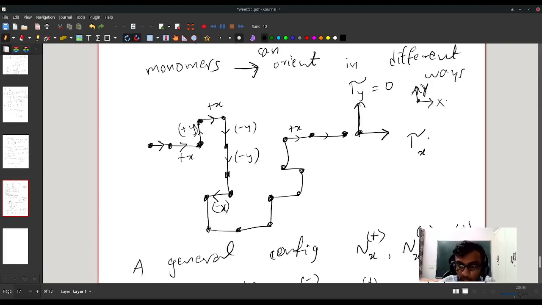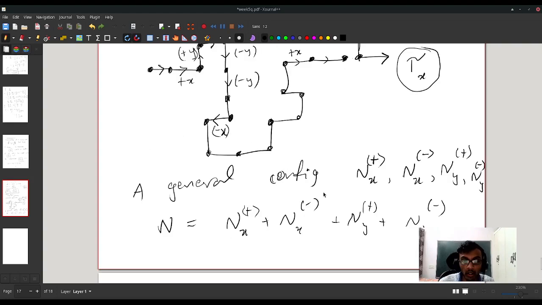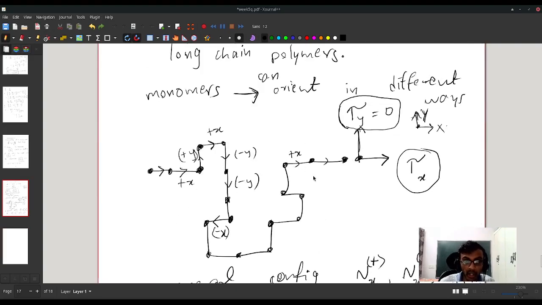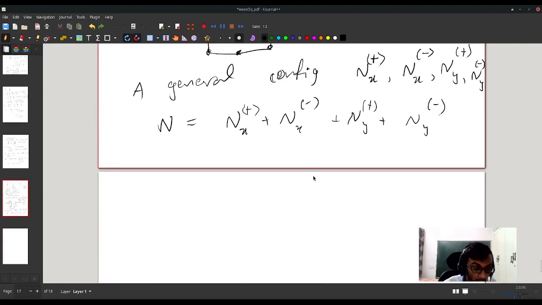Note that these tensions are not the basic independent variables of the microcanonical ensemble. These will be derived thermodynamic quantities in the microcanonical ensemble. What is a natural variable in the microcanonical ensemble is the total energy of the system E, and of course the lengths.